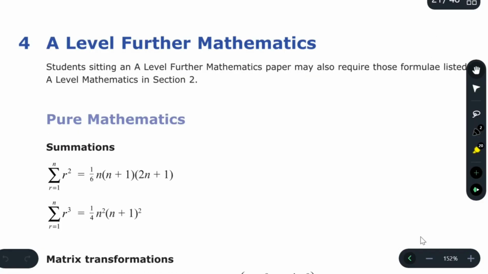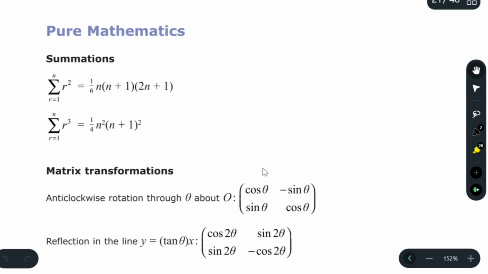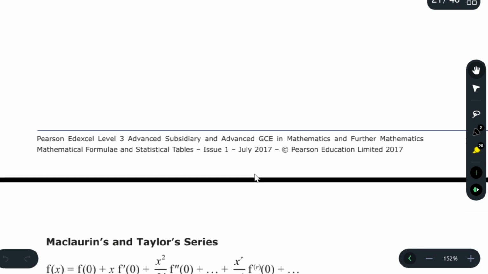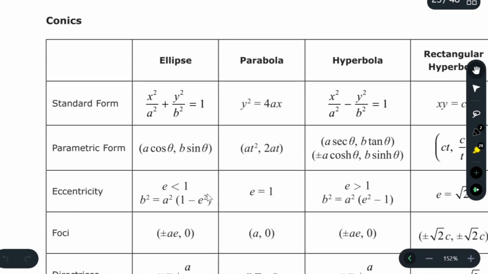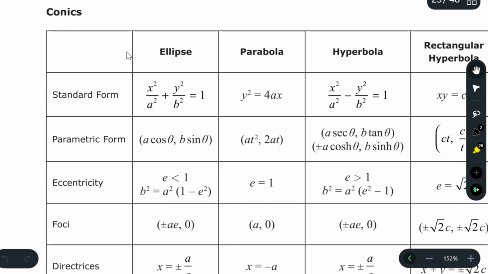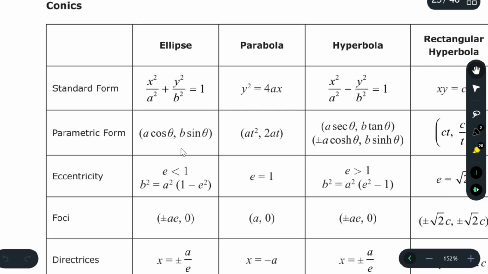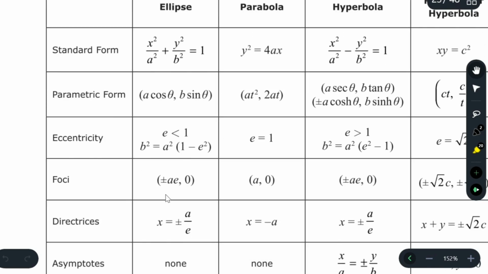If we go to the formula book in the A-Level Further Maths section, you will find we have information about various conics. Now, we have an ellipse. We are after, in part A, information about the foci.